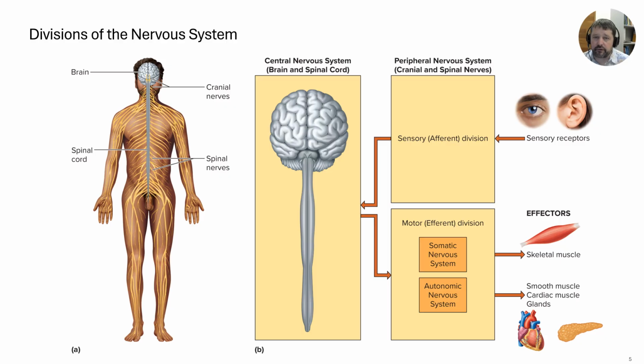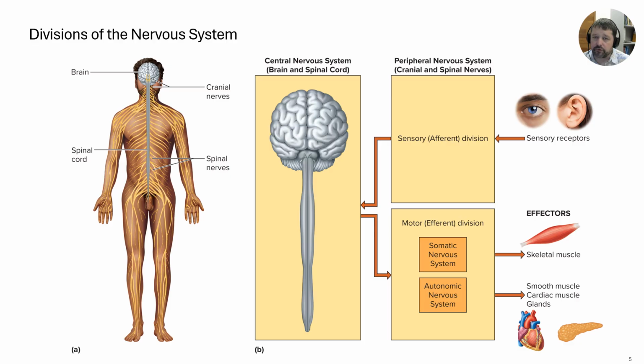So let's look at a diagram of this. You have your CNS, your central nervous system, brain, spinal cord. And off that brain and spinal cord, you have cranial nerves, spinal nerves, etc. And they're going to hook up to sensory receptors. You can have these sensory receptors all over, even in your muscles, and in your glands.